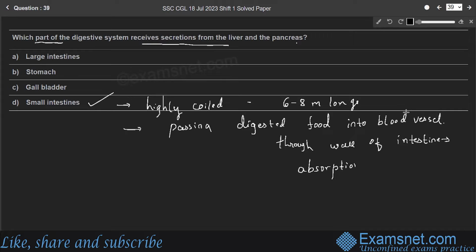The inner walls of the small intestine have thousands of finger-like outgrowths called villi. Villi are small finger-like structures. The small intestine receives bile juice, which is stored in the gallbladder. So for the given question, the part of the digestive system which receives secretions from the liver and pancreas is the small intestine. Option D.